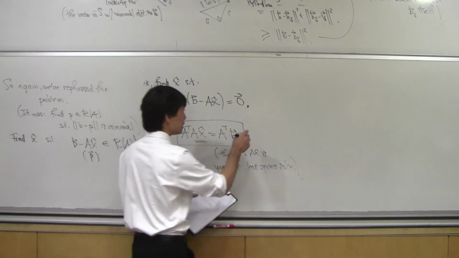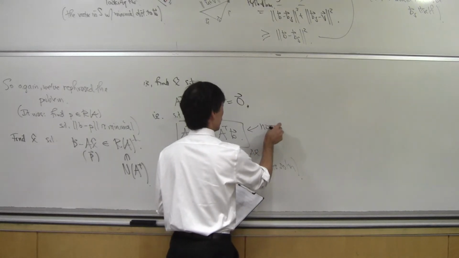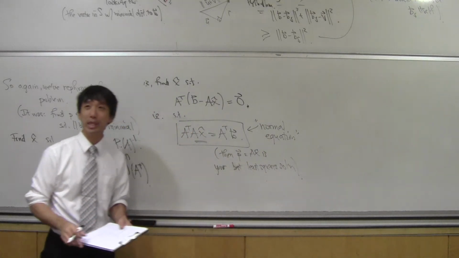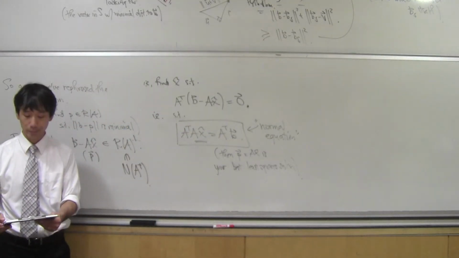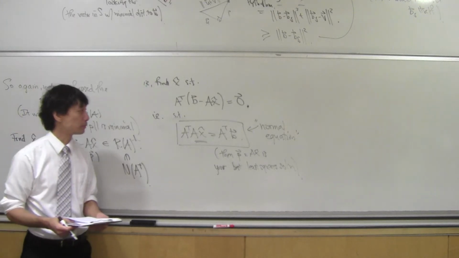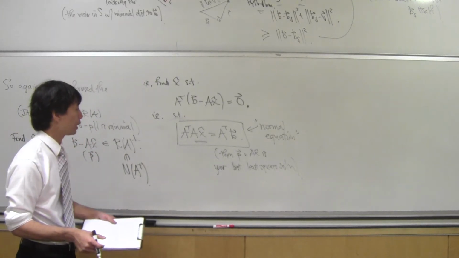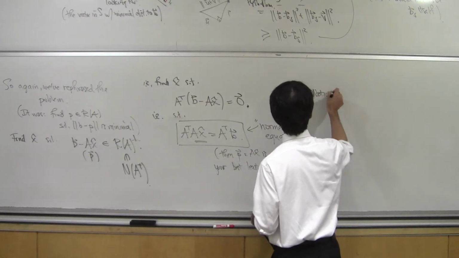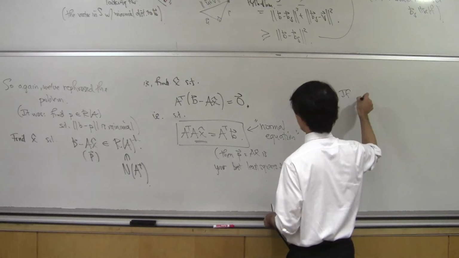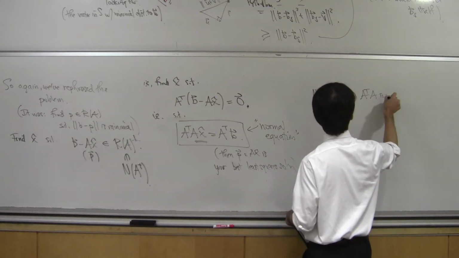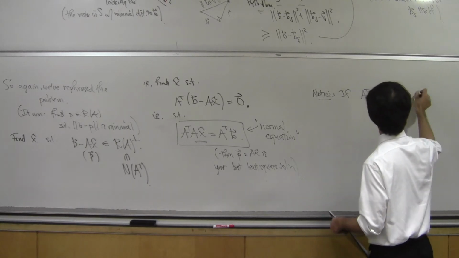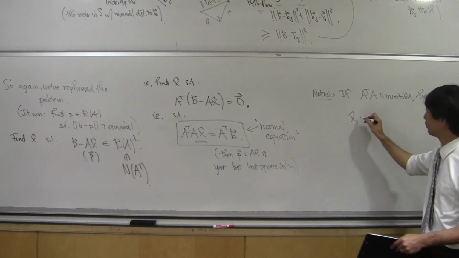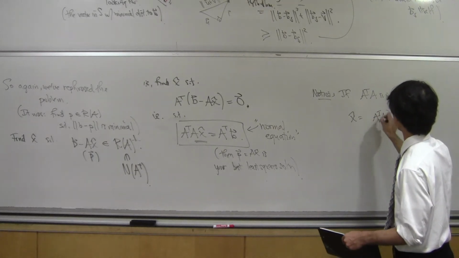Okay, this new set of equations is called the normal equation. Normal is another word for perpendicular. Notice, if A^T A is invertible, then you can solve for x hat. You can just solve for x hat by multiplying on both sides by the inverse.